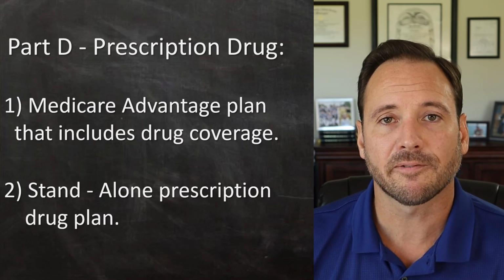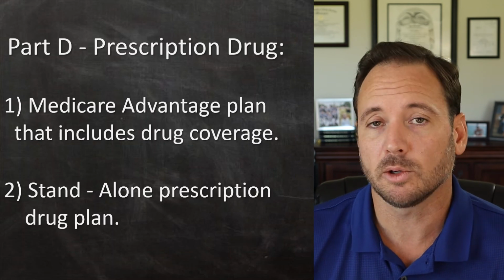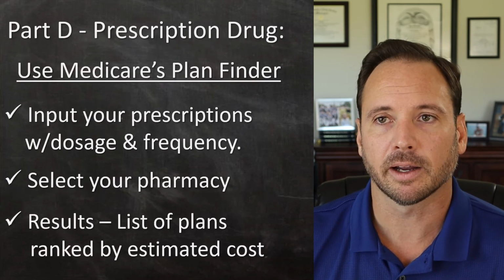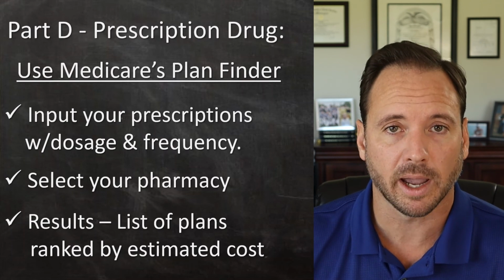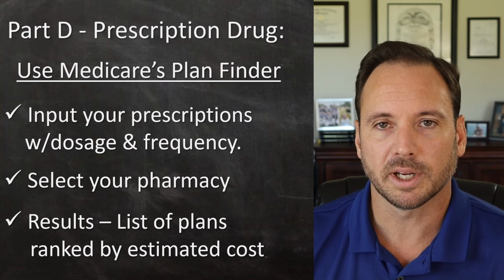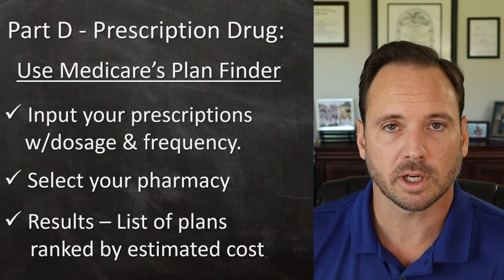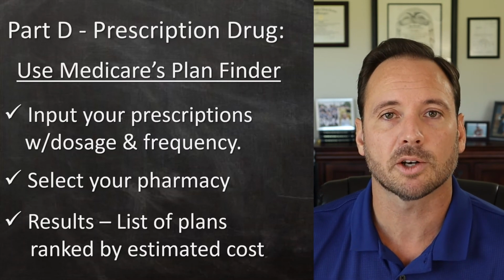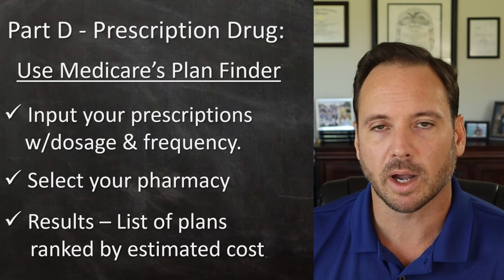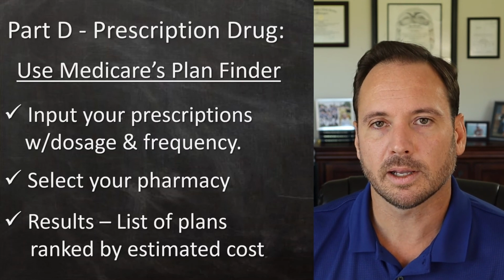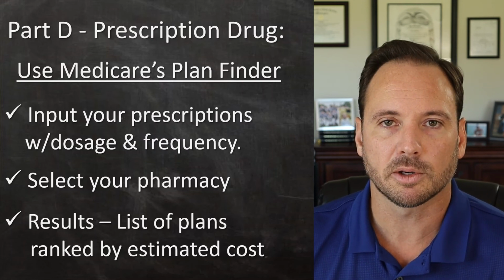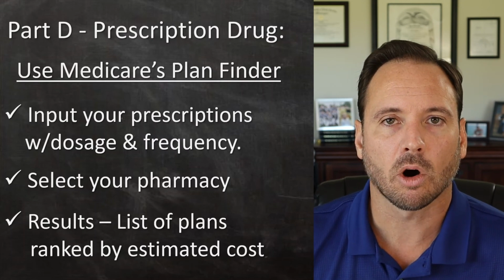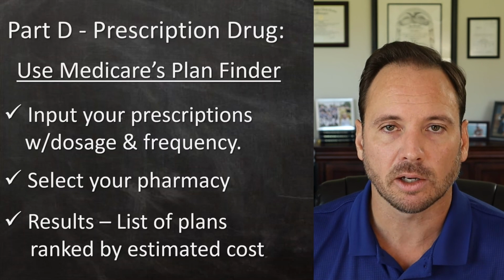Now, the easiest way to find your drug coverage is to use the Plan Finder tool on Medicare's website. It is very, very simple, and it's the most objective way to find your drug coverage. You'll need to enter your prescriptions, including the dosage strength and the frequency with which you take that drug, for example, once a day, twice a day, whatever it is. And then it will, based on your zip code, allow you to select the actual physical pharmacy location where you are driving to buy your drugs.